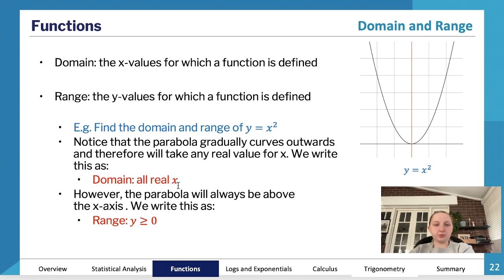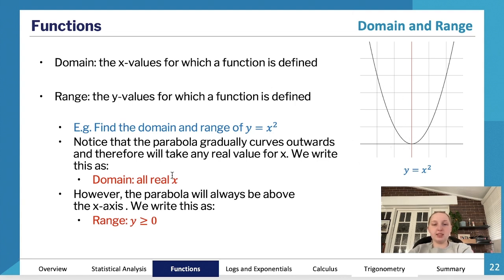Okay. So, for example, if we're looking at find the domain and range of y equals x squared, you'll look at your parabola, we've graphed it here for you, and you'll see that this graph slowly trends outwards. So if we've put no limit on that, it can hit any x value, right? Because it'll just keep getting wider and wider the higher it goes up the y-axis.